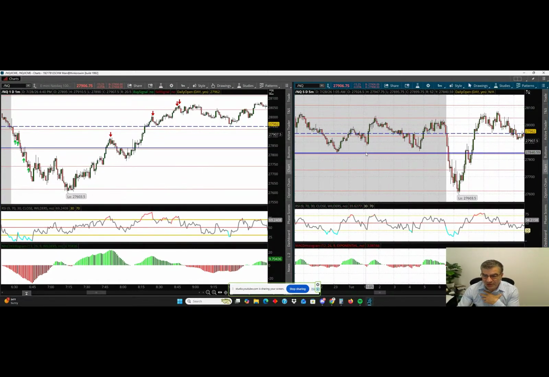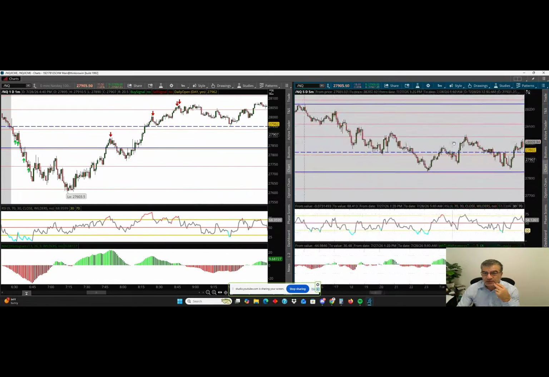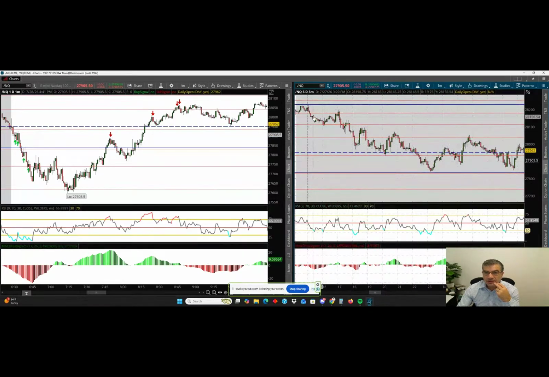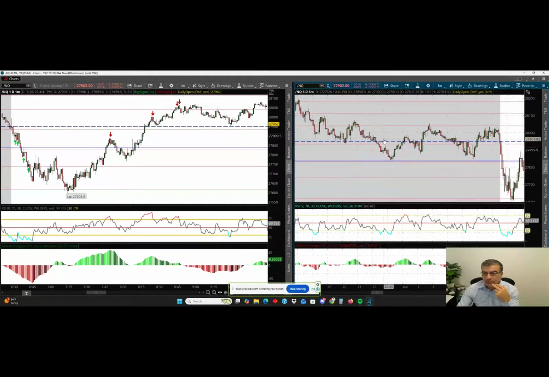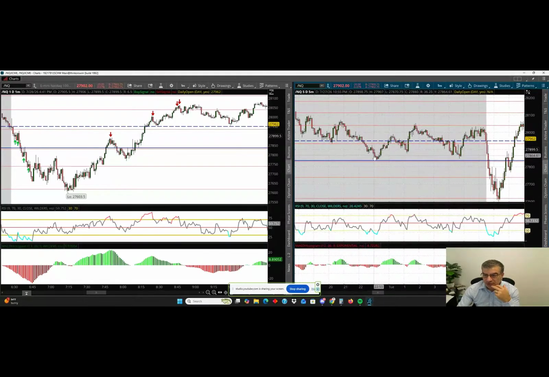The gray section, of course, is the overnight session. So let's look at the overnight. The market opened here and it was trading down. It found support at this level here, and basically that was the low of the overnight session.